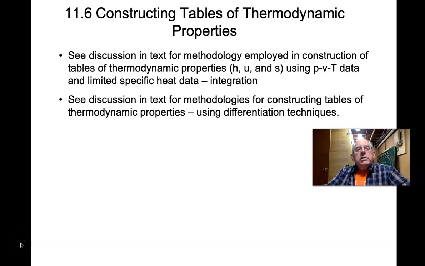And so in this next section, in essence, what it allows us to see is how the equations that have been developed can be used for constructing the various tables for the thermodynamic properties such as enthalpy, internal energy, and entropy using the known PVT data and any limited specific heat data.